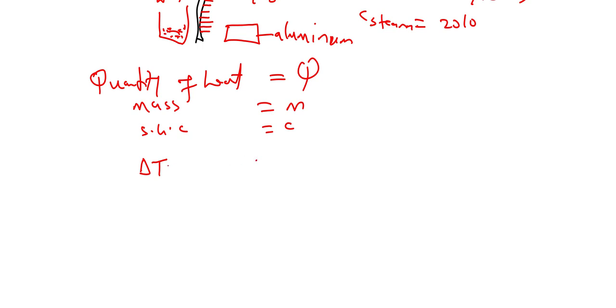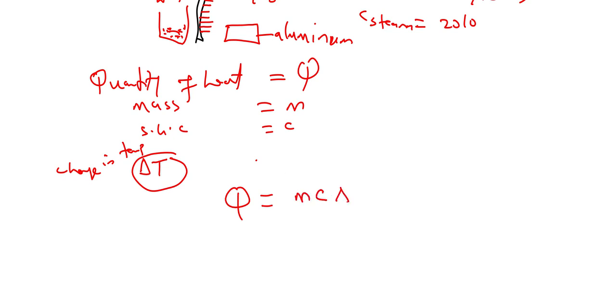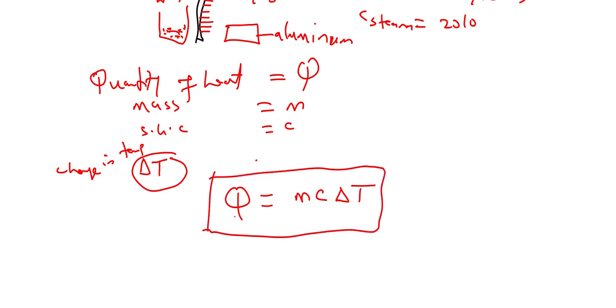Let's call that delta T. If you add heat, it will be an increase, and if you remove heat, it will be a decrease. So there's a relationship between the quantity of heat that you add, the mass of the object, the specific capacity of the object, and the change in temperature. So we have this beautiful formula, Q equals mc theta.